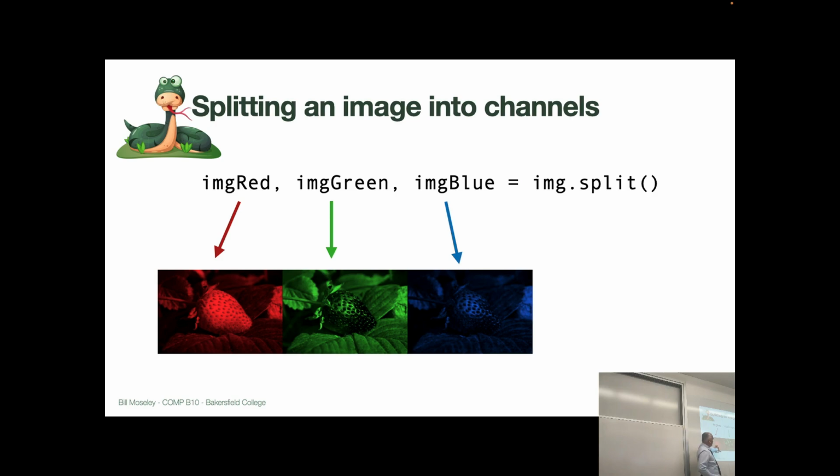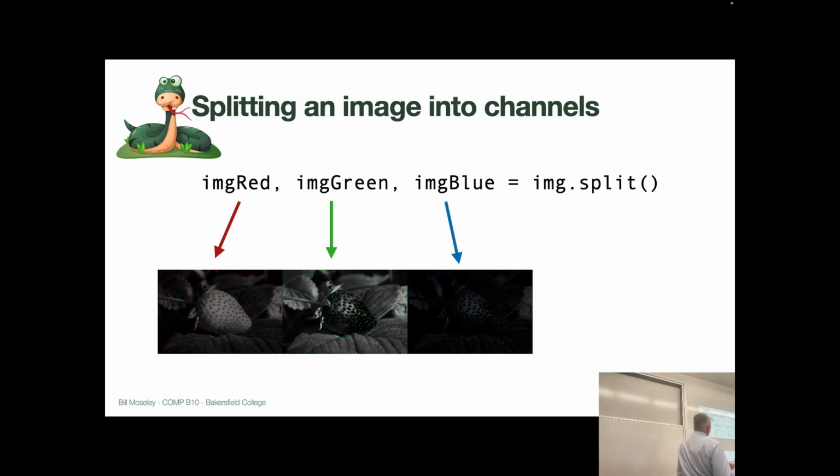And you can see, obviously, a strawberry is going to have a lot of red in it. So that's more prominent. In the green channel, the leaves show up more. And blue is almost non-existent because a strawberry image doesn't have a lot of blue in it.